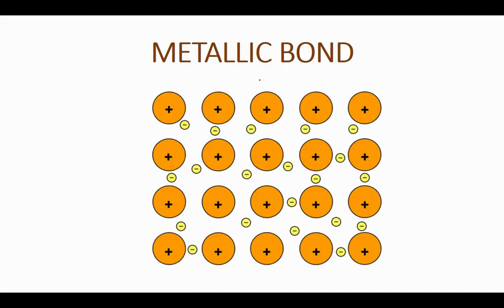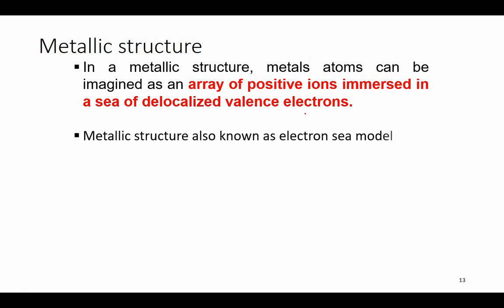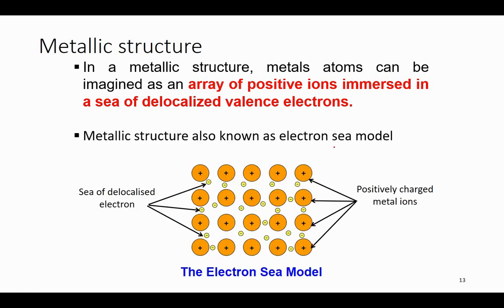Now let's continue with metallic bond. Metallic bond is the attraction between the negatively charged electrons and the positively charged metal ions. Now let's look at a metallic structure. Metallic structure is imagined as an array of positive ions immersed in a sea of delocalized valence electrons, which is also known as electron sea model.